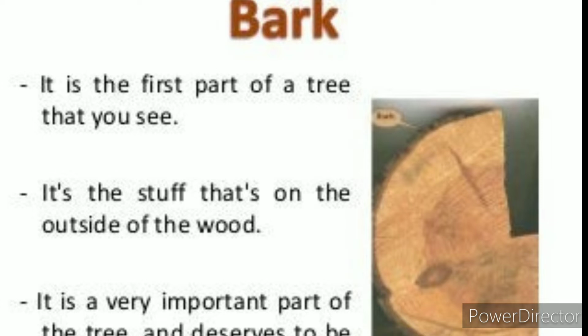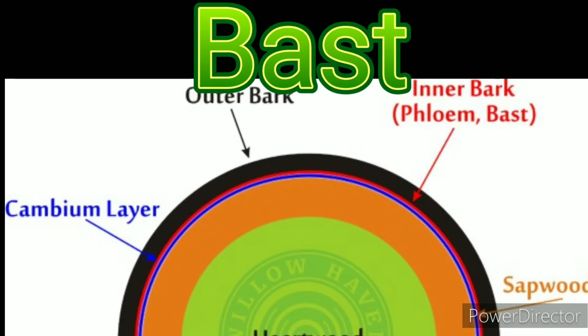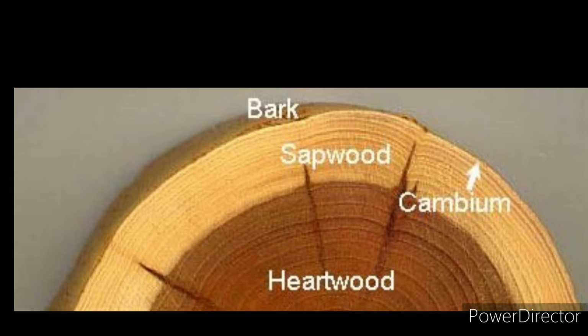2. The bast. This is the inner part of the bark. It carries enriched sap from the leaves to the cells where growth takes place. It is also known as phloem. 3. Cambium layer. This is the layer of living cells between the bast and the sapwood.